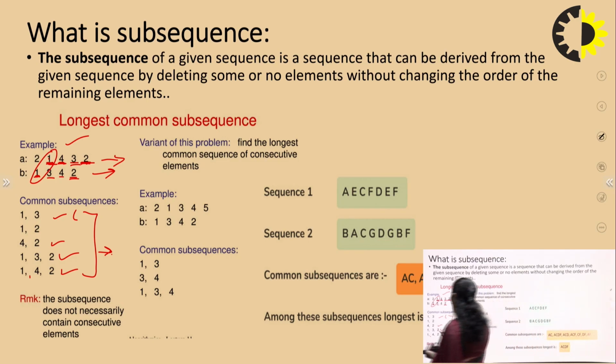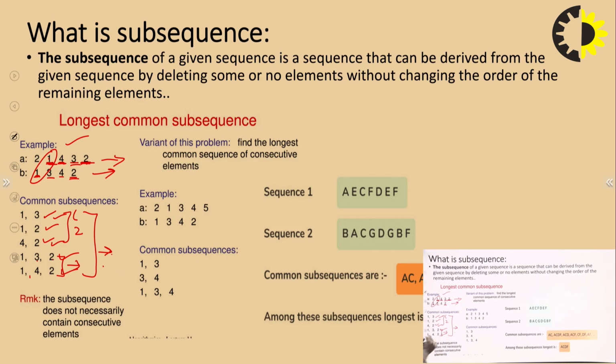The common subsequences like 1 2 and 1 3 have a maximum size of 2, but these two have a maximum size of 3. So these are the longest common subsequences. 1 3 2 and 1 4 2 are the longest common subsequences. So basically this is the answer.